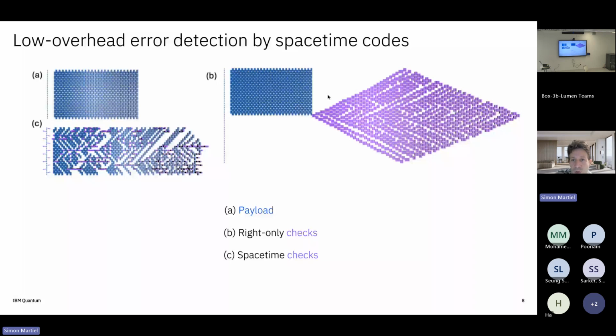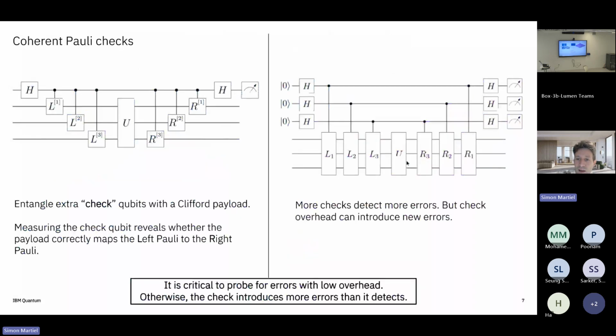And if we were to apply the state-of-the-art techniques of, let's say, right-only checks from the literature, we'll end up with the circuit on the right, the B circuit here. The blue part is just the thing we actually want to run, and the purple part is all the additional gates we need to add in order to implement exactly this picture on the right, where we removed all the left checks because in some settings we can actually remove them. I don't want to go into the details.